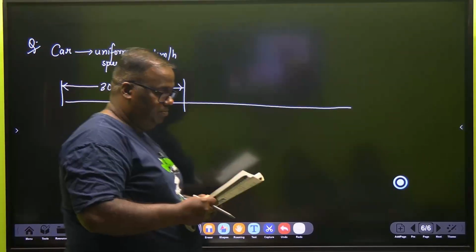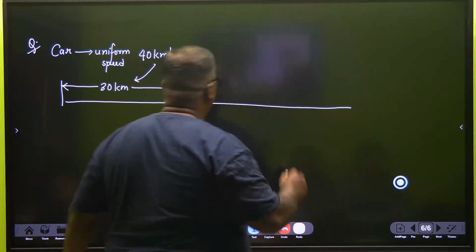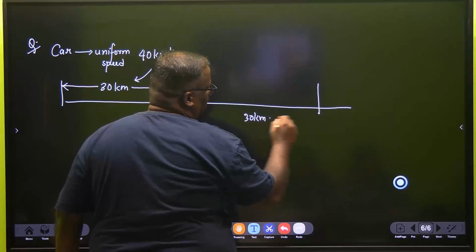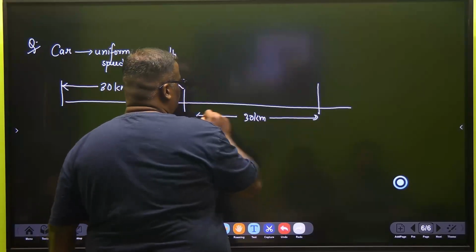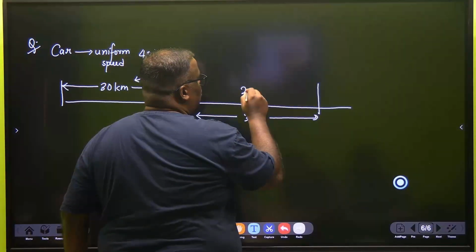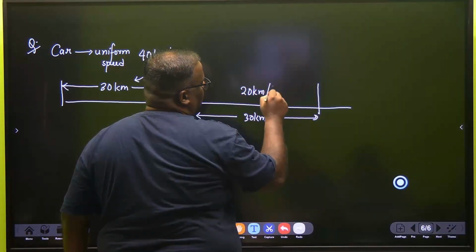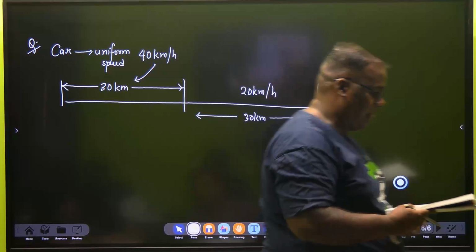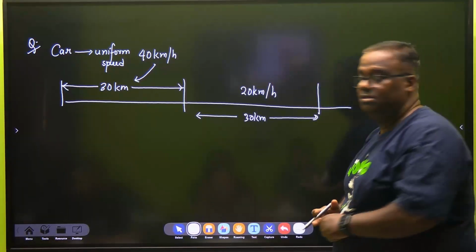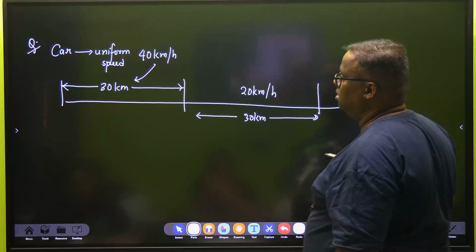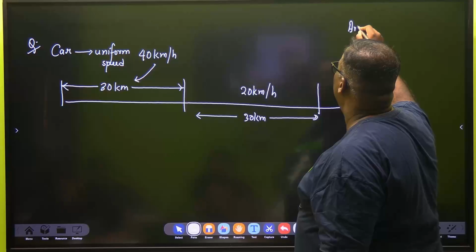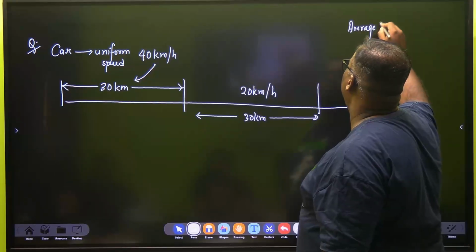And then, for the next 30 kilometers, the car is maintaining a speed of 20 kilometers per hour. They have asked you to find out what is the average speed.